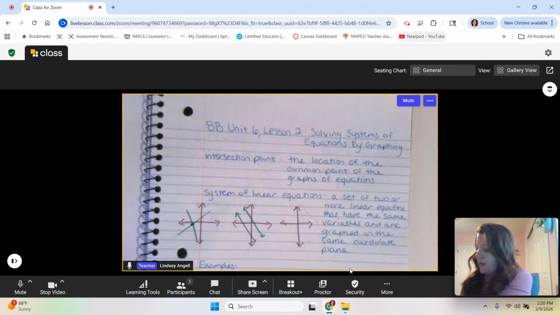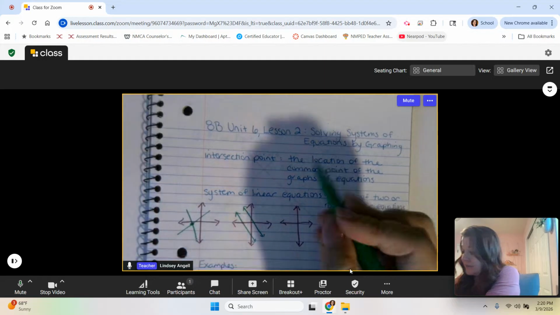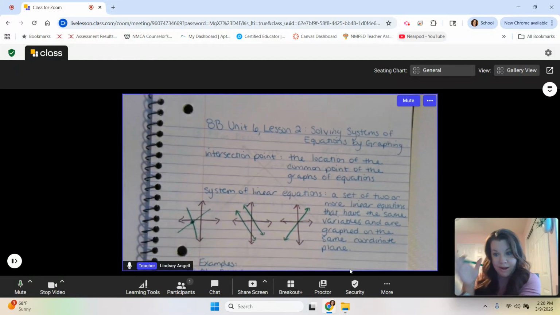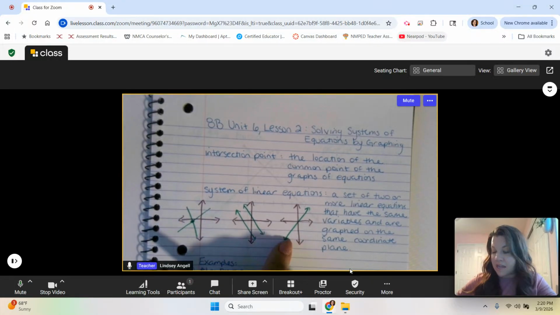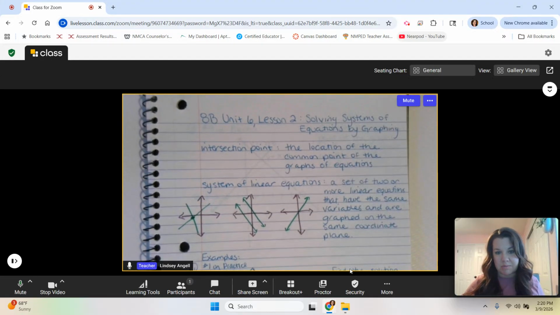The third option is maybe they're the exact same line. Technically it's like 2 lines sitting right on top of each other. That would be an infinite number of solutions, meaning it's the exact same line, so every single point crosses. So those are the types of things we're going to be looking at today.